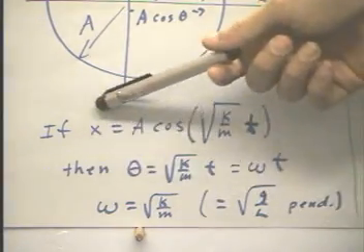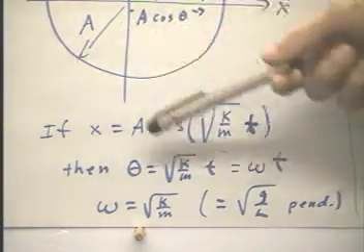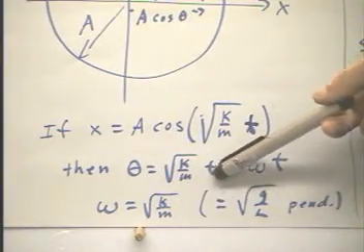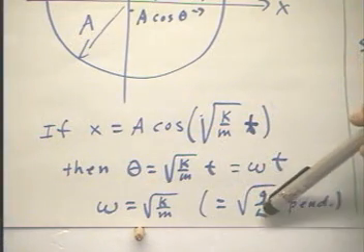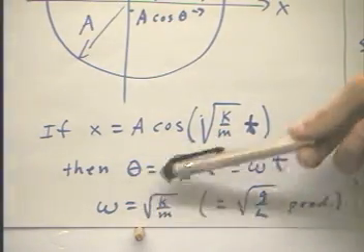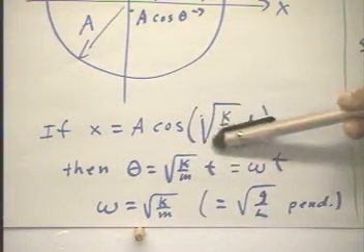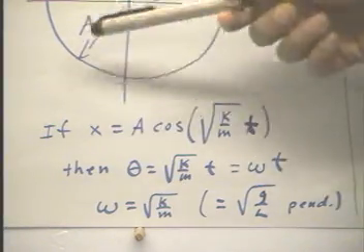And we say then, if this is our model, then theta is the square root of k over m times t, which is omega t. Omega is the square root of k over m, or the square root of g over L. And omega is what we call the angular frequency when we put it in the equation here, or the angular velocity if we talk about how fast the point moves around this reference circle.